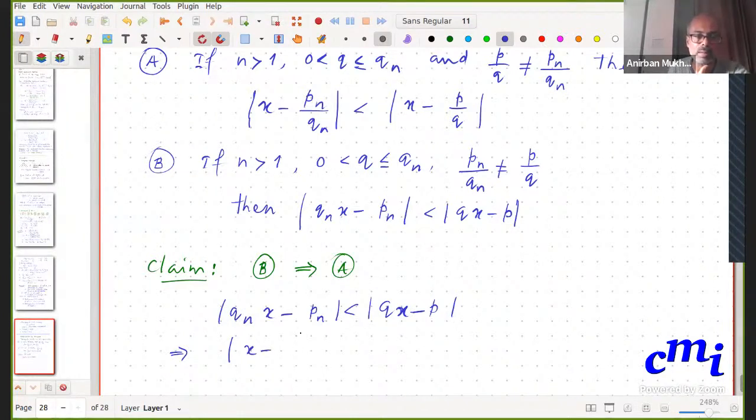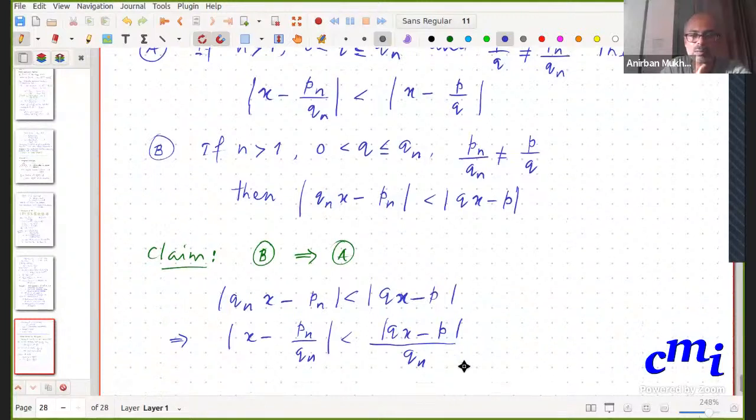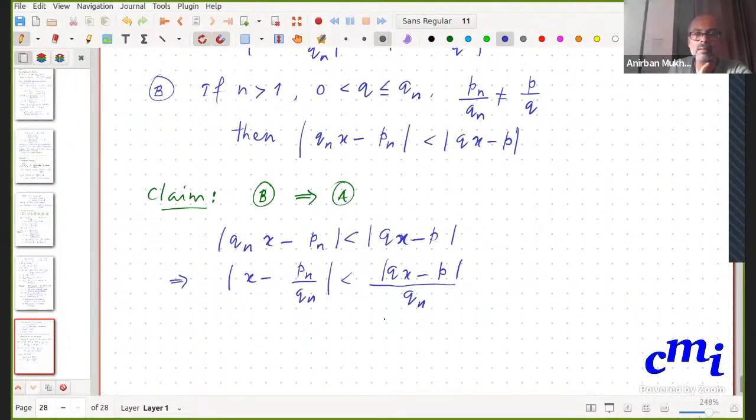So you have |x minus pn by qn| less than |qx minus p| by qn. Since q is smaller than qn, if I replace qn by q, I get something larger.